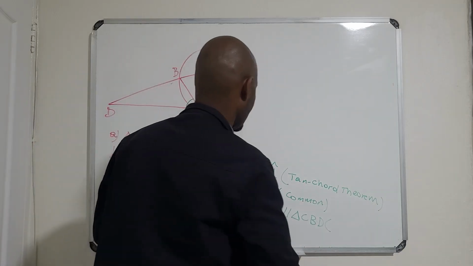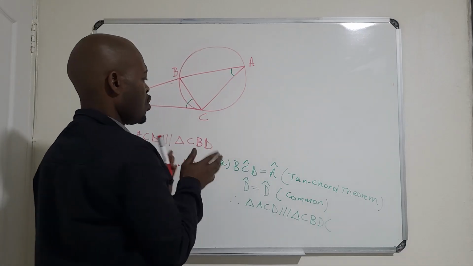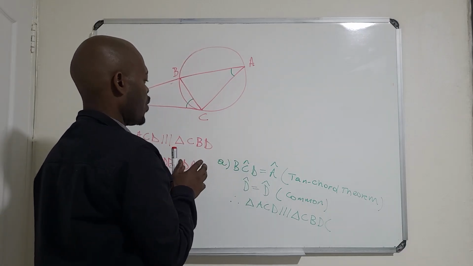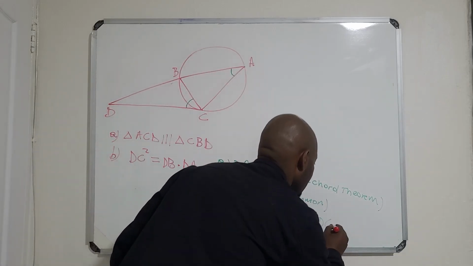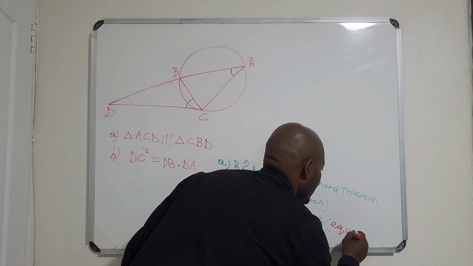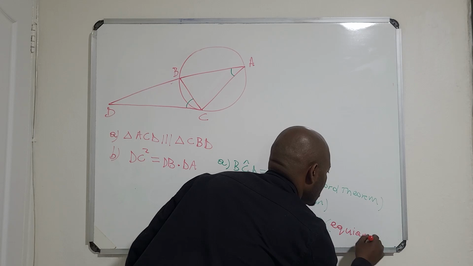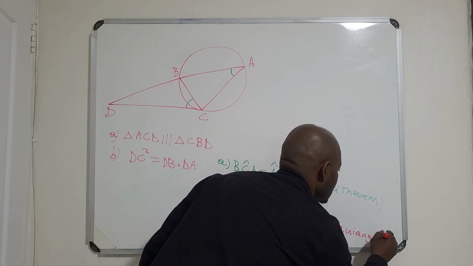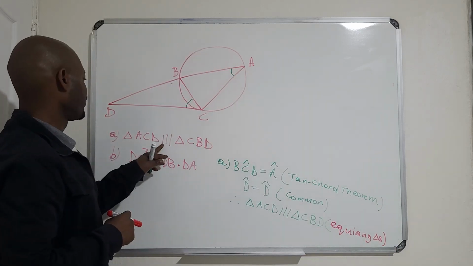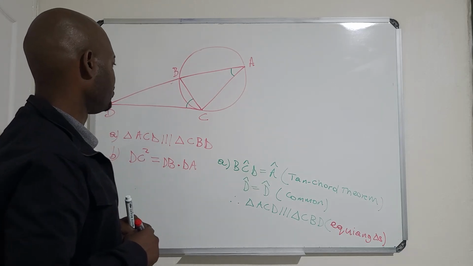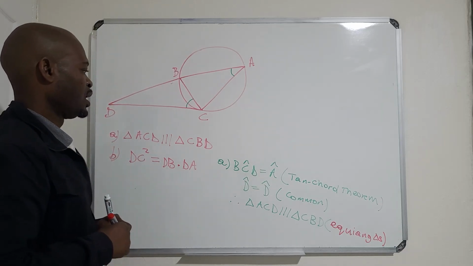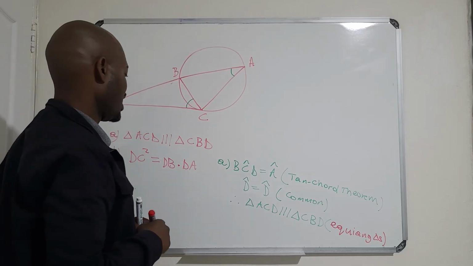They're equiangular triangles, since two angles of one triangle are equal to two angles of another triangle. Therefore, we've just proved that triangle ACD and triangle CBD are similar since they are equiangular.